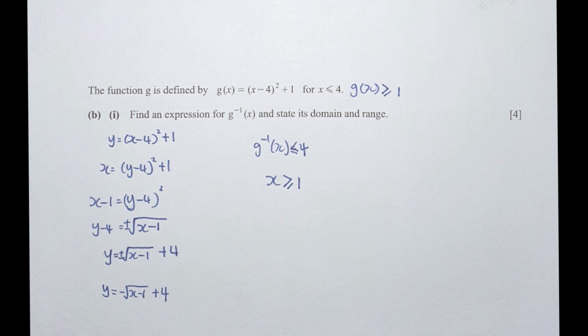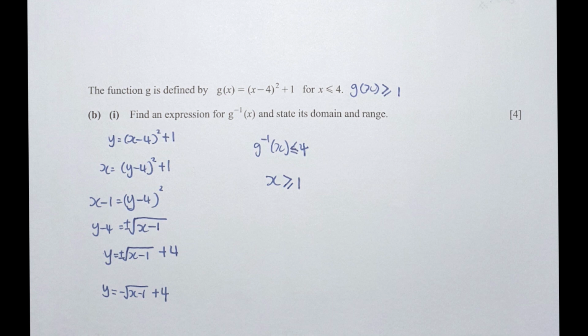So remember, when you're looking for g inverse, basically you just change the original domain into range and the original range into domain. So the domain now will be x more than or equal to 1, and for your g inverse, it will be less than or equal to 4. So next part, to find g inverse as per usual, step 1, swap the x and y's position, rearrange everything and find your new y.